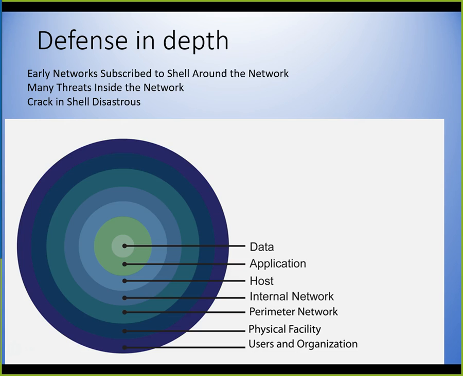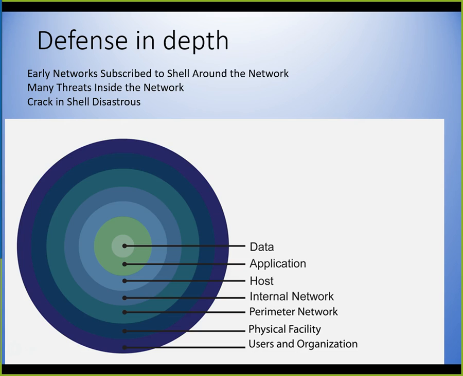So we have the users in the organization, the physical facility, perimeter network, internal network, perimeter network, the DMZ, the internal network, the protected network, the private network, the one inside the firewall, the host being a workstation. And I know we get into this node host business, and I think it's arguing about nothing, because what does it matter what it is?